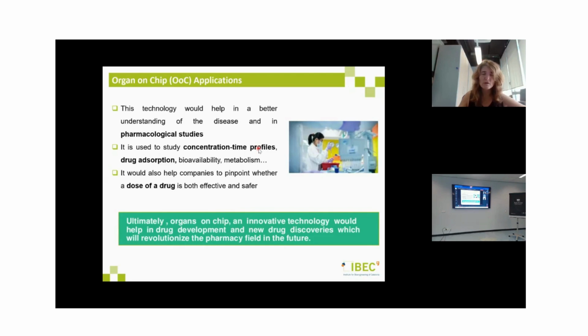This technology has started to be used for drug discovery, for analyzing the concentration-time profiles of drug absorption in the part of the tissue under study. So basically, it's an innovative technology that permits the development of drug discovery in a faster way.